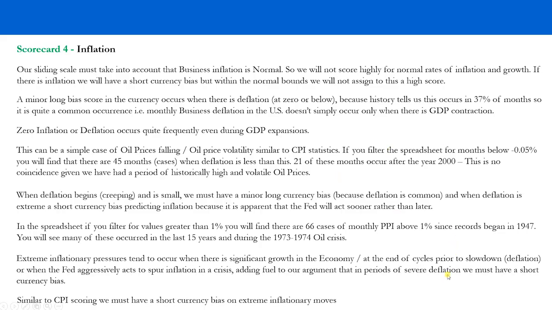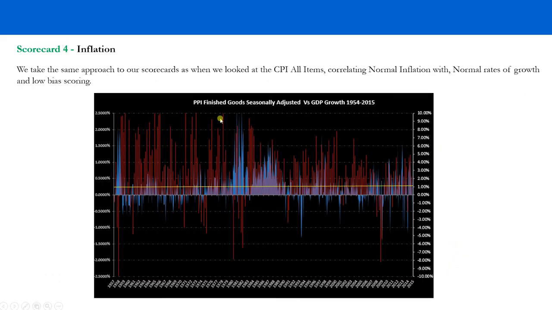Let's remind ourselves what this looks like pictorially. Well, we're taking the same approach to our scorecards as when we looked at the CPI, all items, and we're correlating normal inflation with normal rates of growth. And those normal situations are going to get a low bias scoring in terms of numbers.